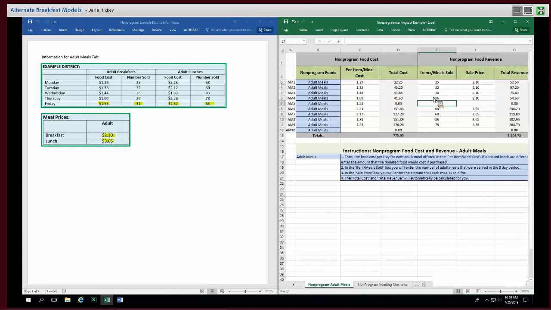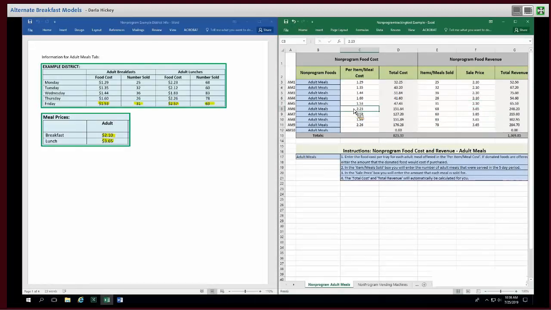Then in this column I put the number of meals sold. So in this example district I had 31 breakfasts sold on Friday. And then the breakfast price for adults at this district is $2.10. So I'll enter it there.